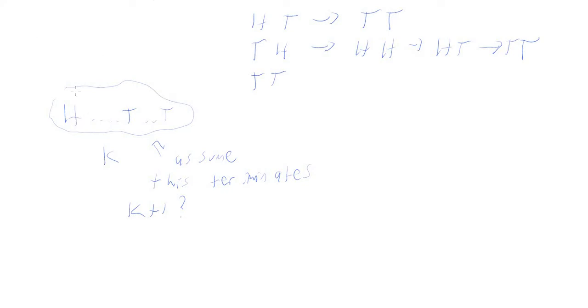So we have something of length k, and then we can add a T at the end. But when we add a T, we see that this will never change to heads. So why is that?